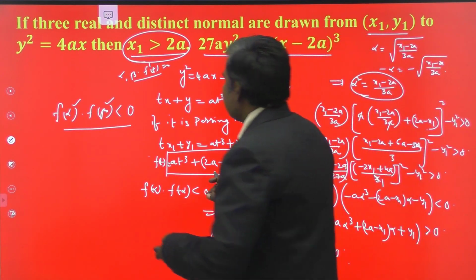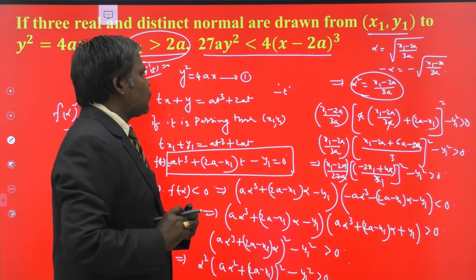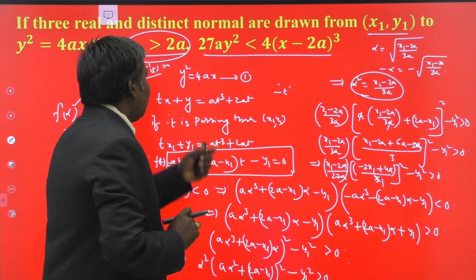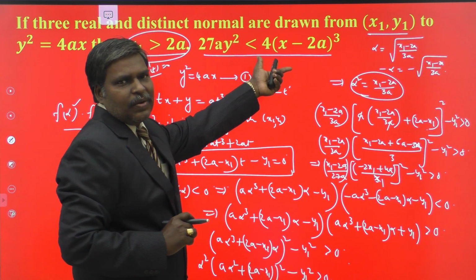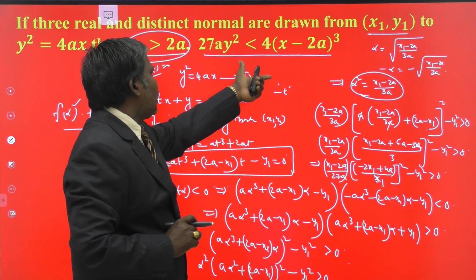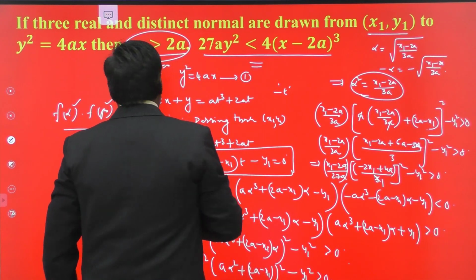This is the result. 27 ay square is less than 4 times of x minus 2a whole cube is there. At that time we draw 3 real and distinct normals from x1 comma y1 to that parabola. Suppose if it is equal is there, what happened?